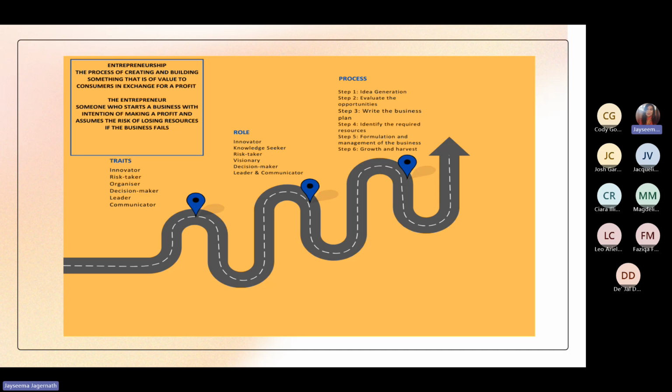And then the last one quickly, which trait is shown when an entrepreneur sees future trends and acts early? Is it confidence, vision, or motivation? Okay, and the answer here is vision. That ability to see the future beyond what you're just looking at right now.